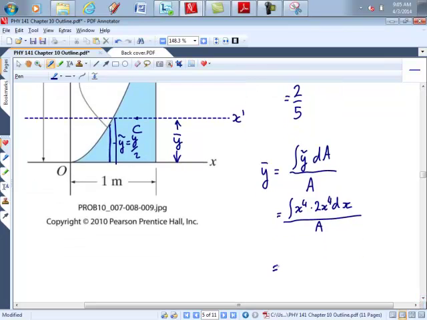So what's the integral of basically 2x to the 8? 2 over 9. And then evaluated between 0 and 1, so it's going to be 2 over 9 divided by 2 over 5. 5 over 9.